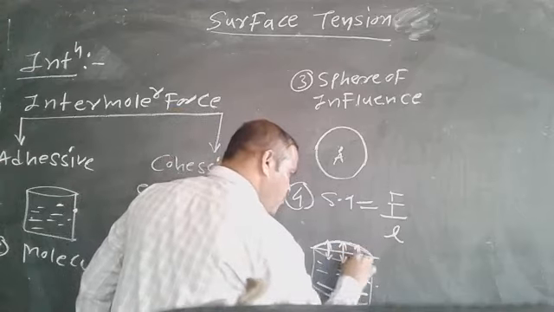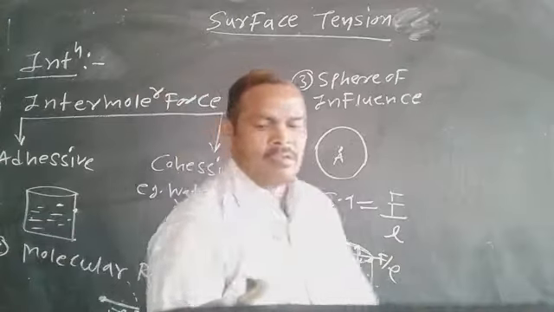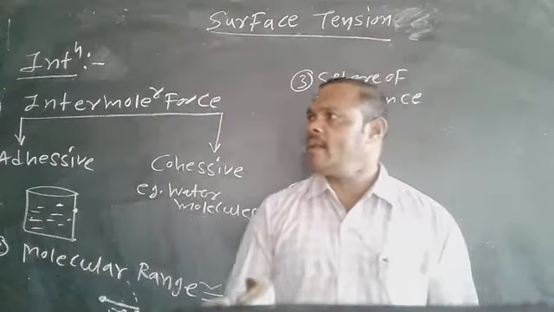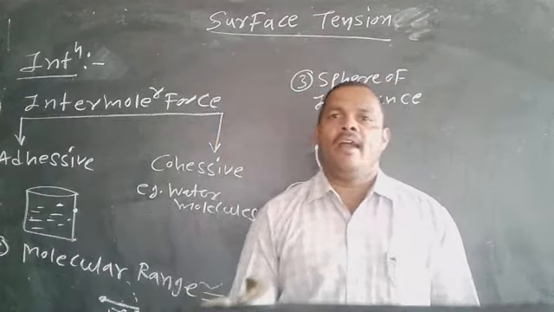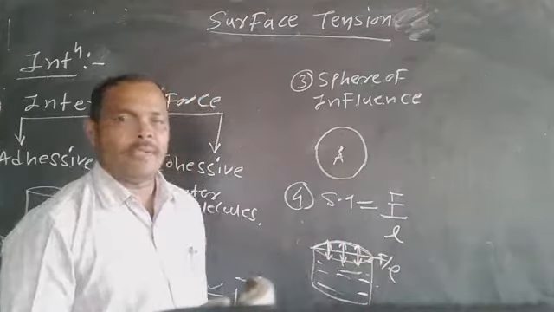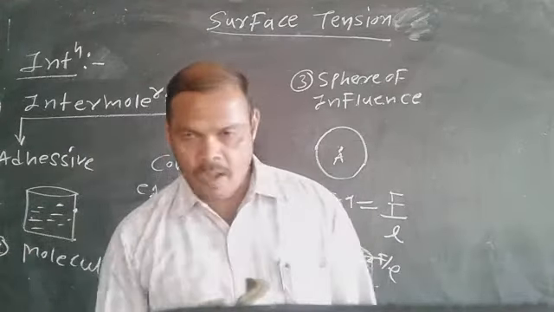So tangential force per unit length is called as surface tension. Tangential force per unit length acting at right angle on imaginary line drawn on the free surface of the liquid is called as surface tension.